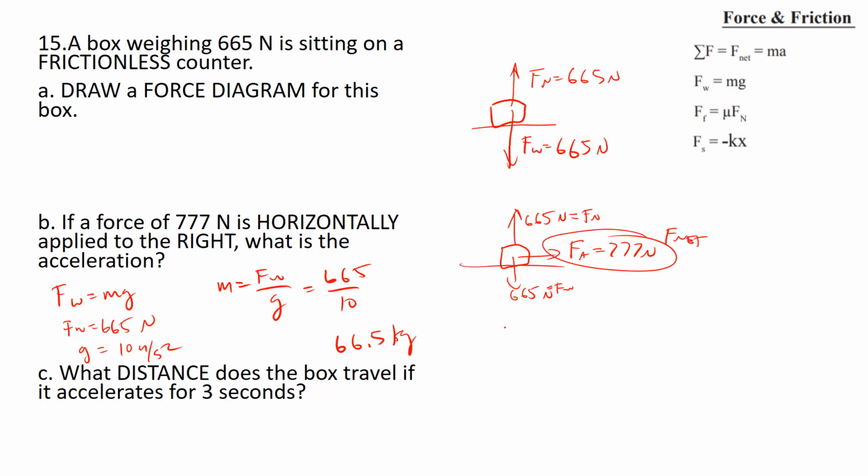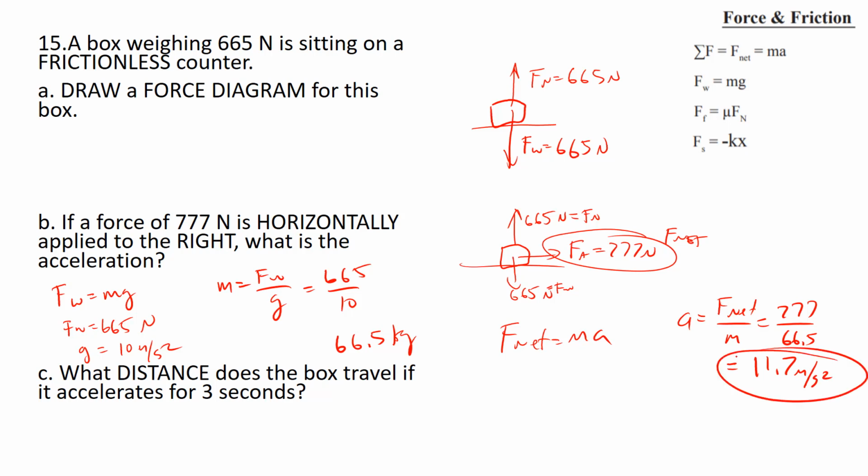And now we have that. Now we can go ahead and do F net equals mass times acceleration. And we can go ahead and rearrange it. a equals F net over mass, which equals 777 over 66.5, which equals 11.7 meters per second squared.